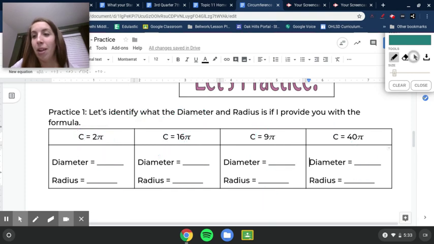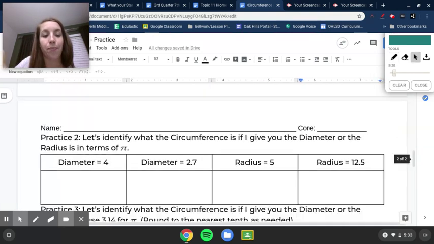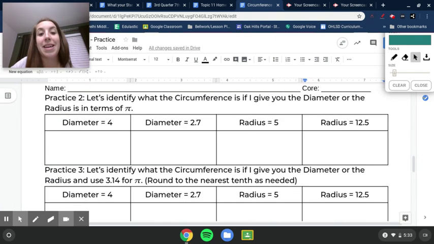Okay, let's go ahead and move down to practice 2. Practice 2 is identify the circumference if I give you the diameter or the radius in terms of pi, which means they just want you to use the symbol. You're not using 3.14, you're not using 22/7, you're not using the pi button, you're just keeping it in terms of pi. Okay, so let me show you what that means. They say that the diameter is 4.